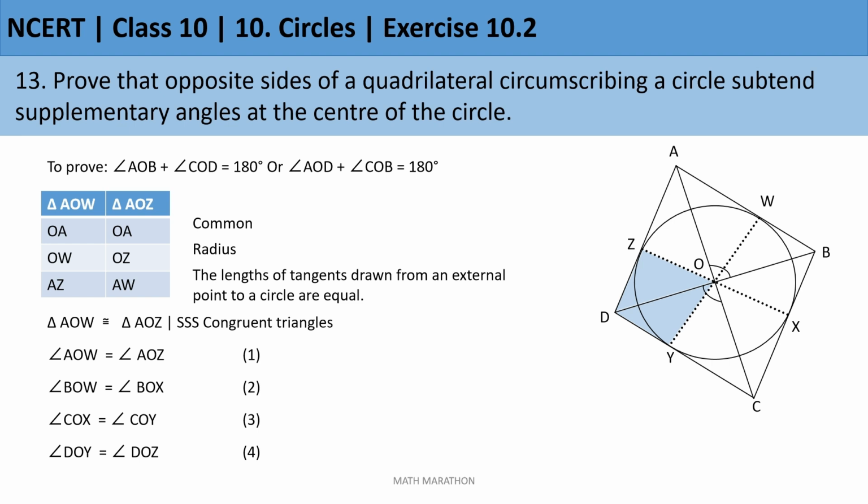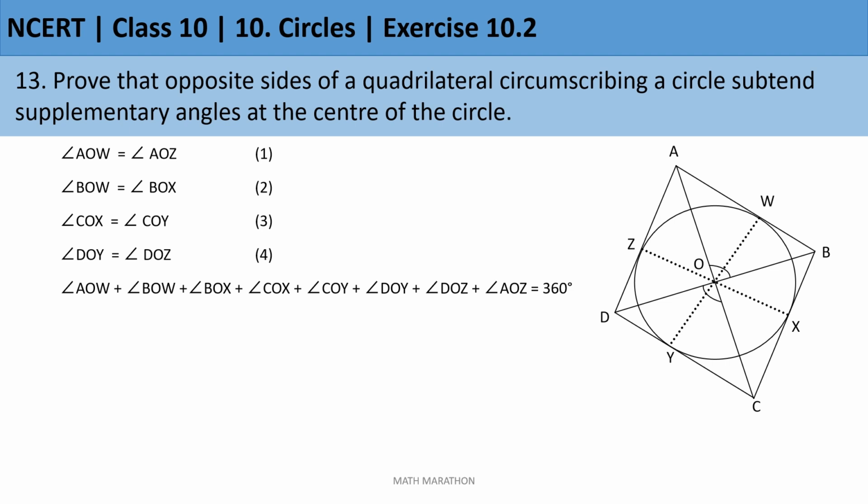So, angle DOY is equal to angle DOZ. The angle around the center point of the circle is 360 degrees. So, angle AOW plus angle BOW plus angle BOX plus angle COX plus angle COY plus angle DOY plus angle DOZ plus angle AOZ is equal to 360 degrees.